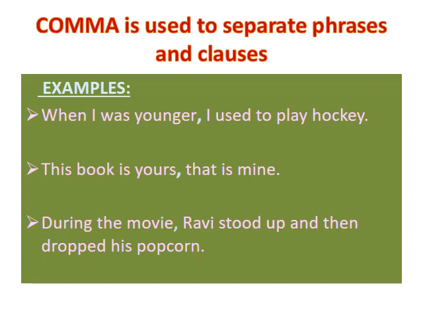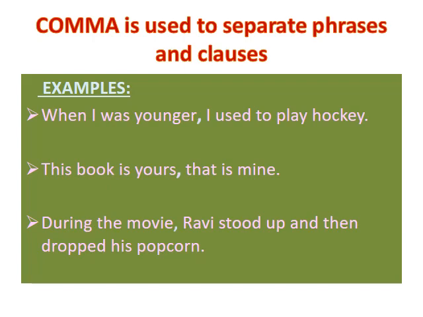The third sentence consists of a phrase and two clauses. During the movie, Ravi stood up and then dropped his popcorn. The phrase in the sentence is during the movie, and the clauses are Ravi stood up and then dropped his popcorn. You know, these are two clauses.